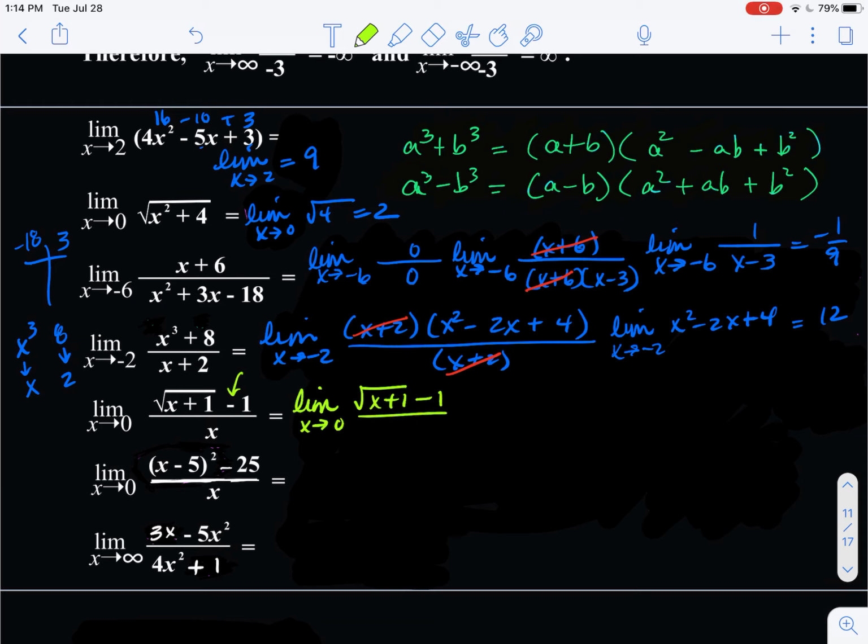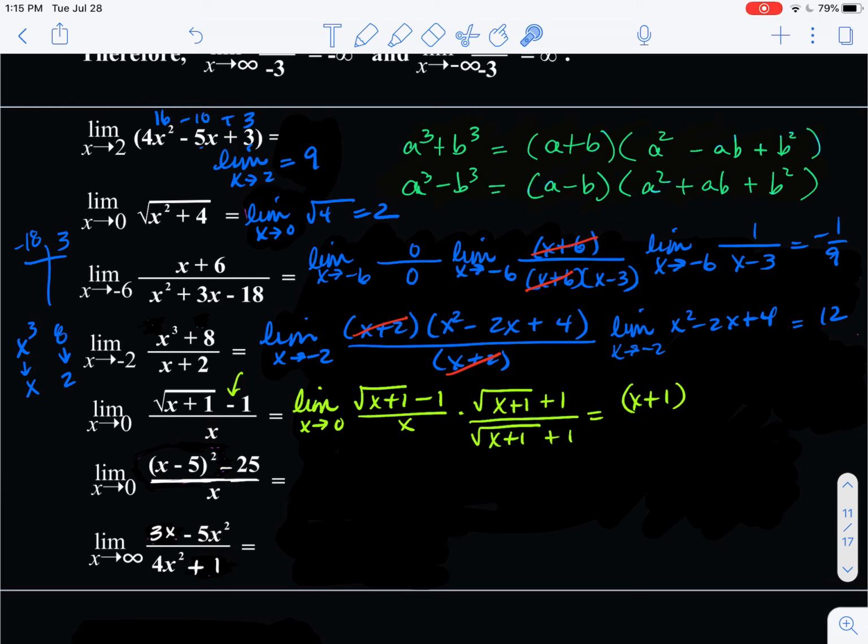Okay, so let's see. I'm going to have the limit as x approaches 0 of the square root of x plus 1 minus 1 times, and I'm going to multiply by the conjugate, the square root of x plus 1 plus 1. Okay, so in my numerator, I'm just going to FOIL these together. When I multiply the square root of x plus 1 times the square root of x plus 1, you're essentially squaring the square root, and so you're going to just be left with x plus 1.